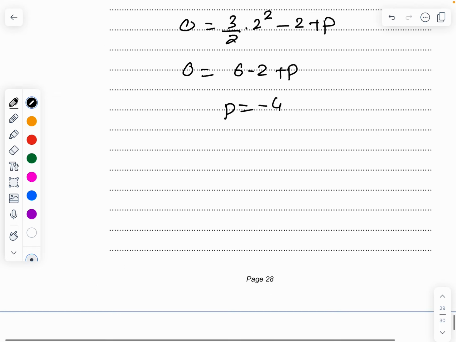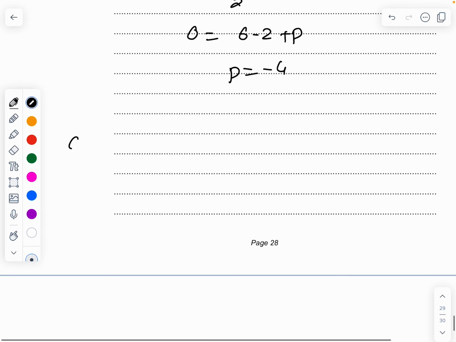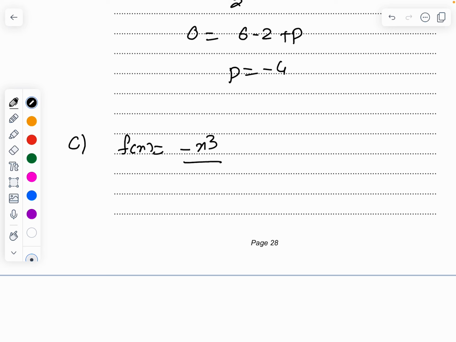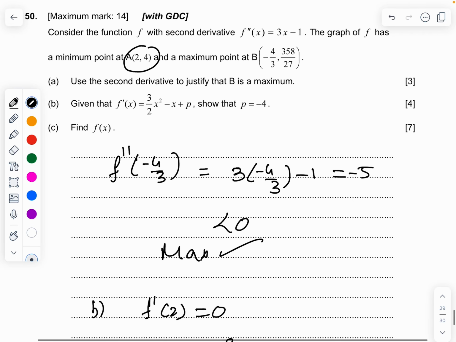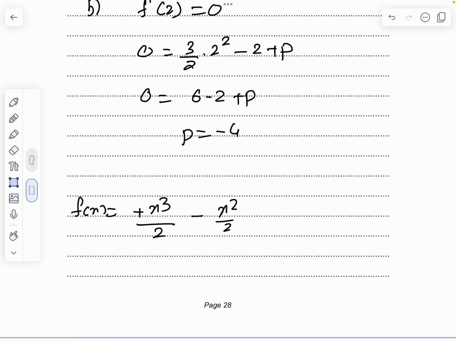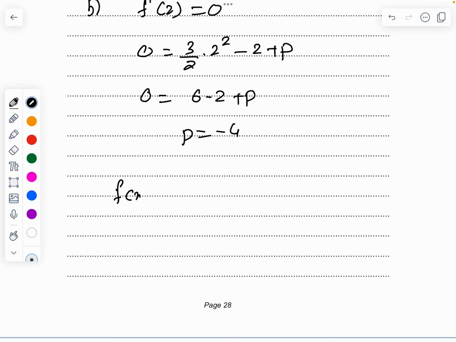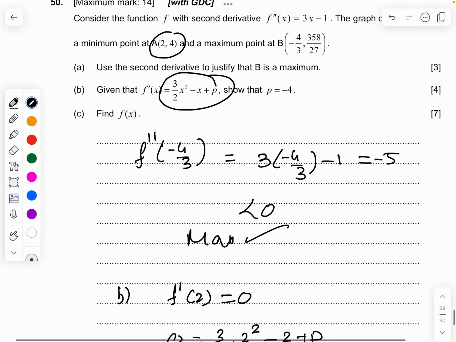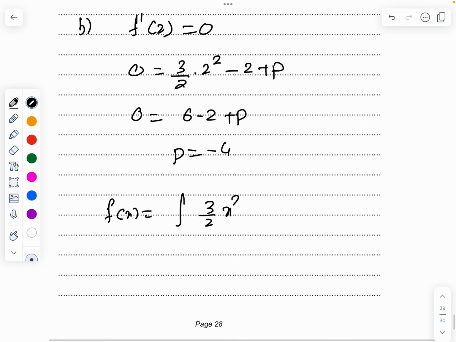Then find f of x. So integration will give you f of x. Let me write it out neatly there. f prime x is given. So I will find f of x by finding the integral of 3 upon 2 x squared minus x plus p, that is minus x minus 4, dx.